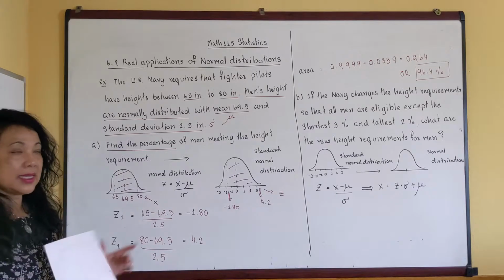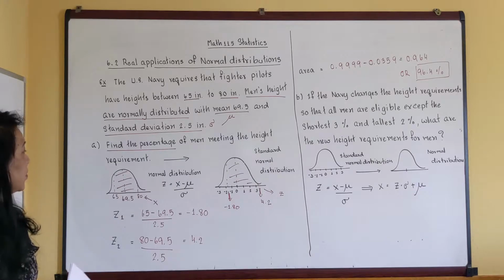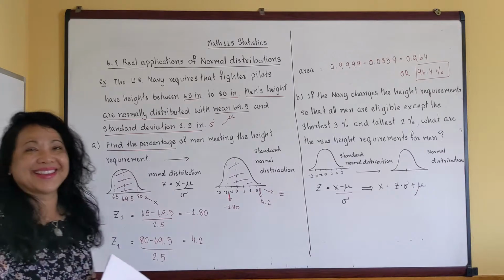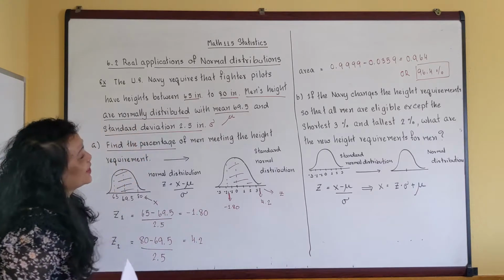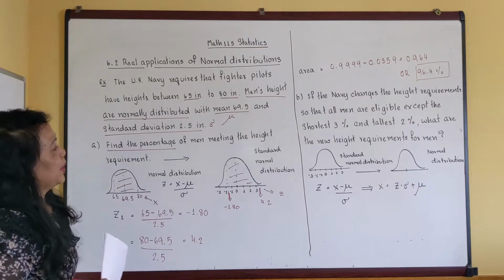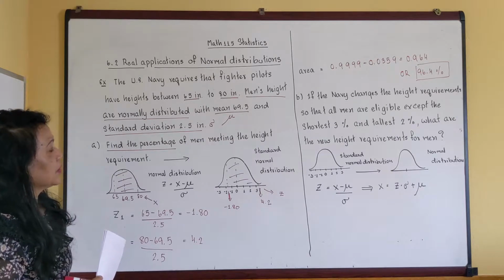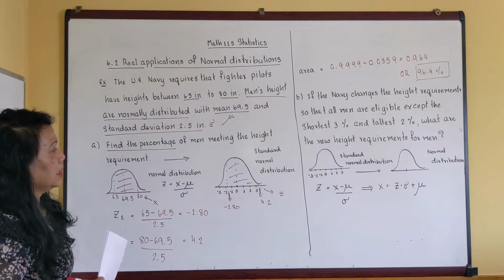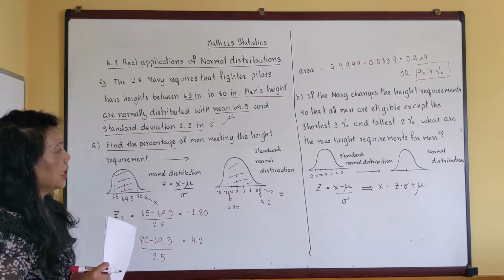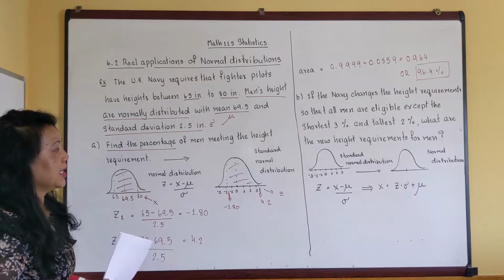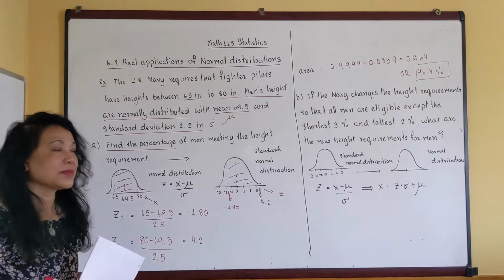Now let's look at the second part. I probably won't qualify, unfortunately. If the Navy changed the height requirements so that all men are eligible except the shortest 3% and the tallest 2%, what are the new requirements for men?